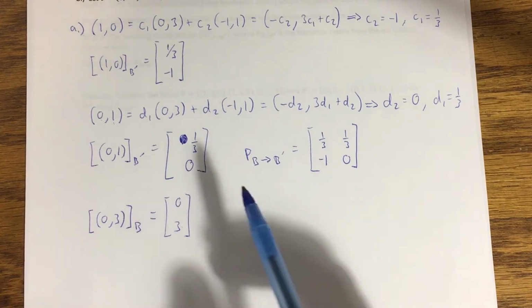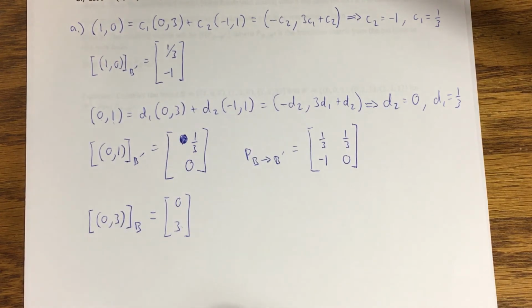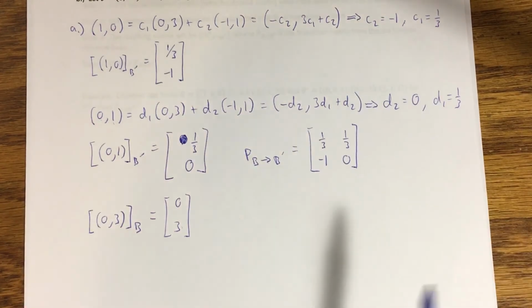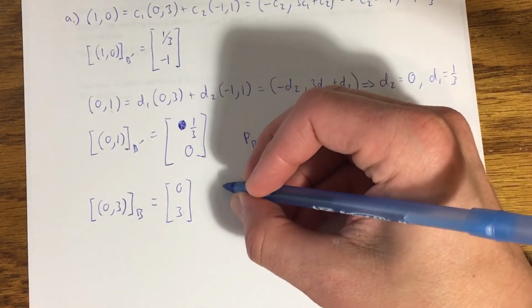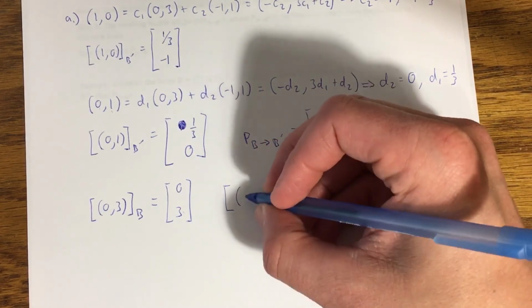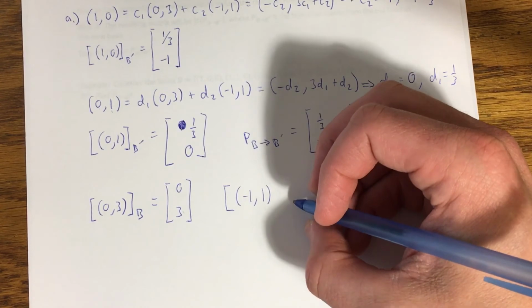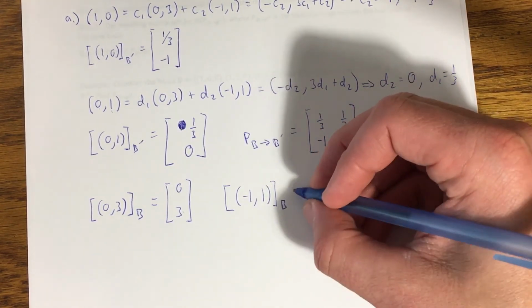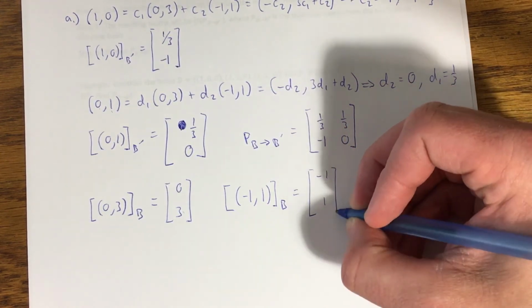So that's great. That only works when we're converting to the standard basis for R2 or Rn, or it works for standard bases for other vector spaces as well. If this is true all the time, then I can do the same thing for the other vector in B prime. So negative 1, 1 is what that vector was. If I express that as a coordinate vector relative to B, that's going to look like the column vector negative 1, 1.